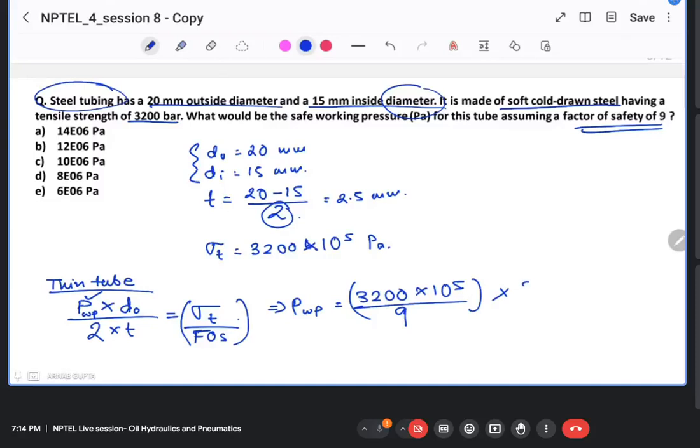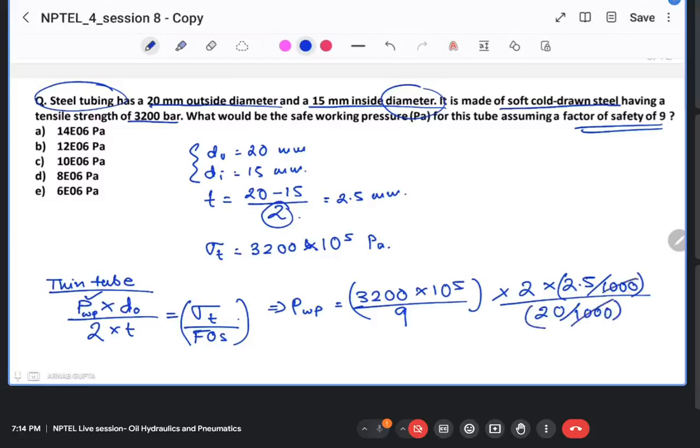So 2T is 2.5 divided by 1000 because it's in mm, divided by the diameter. Outer diameter is considered here. And this was not required anyway.